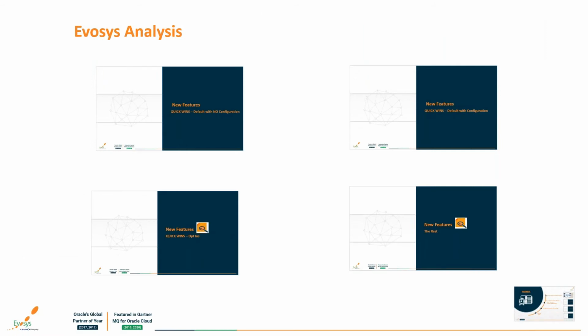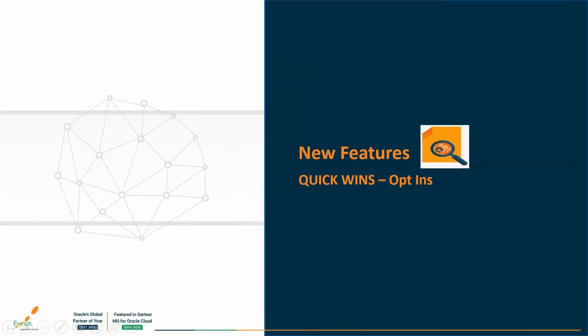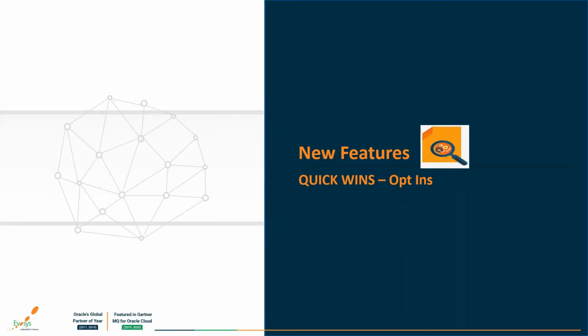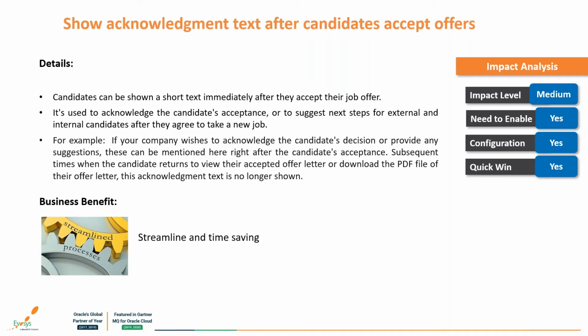we have new quick win features which require opt-ins. So we'll look into those features. So the first feature for this is show acknowledgement text after candidates accept offers.